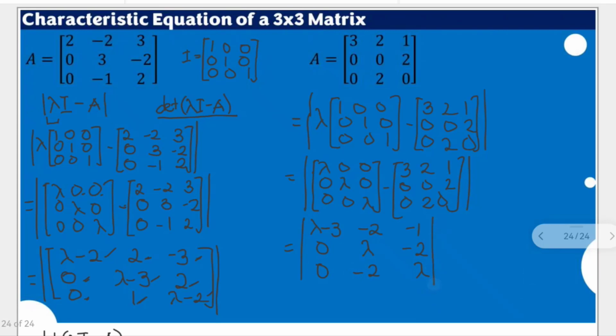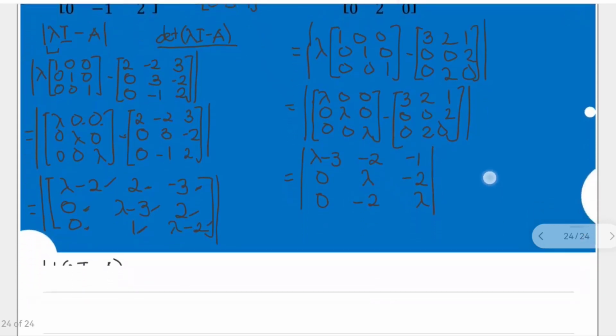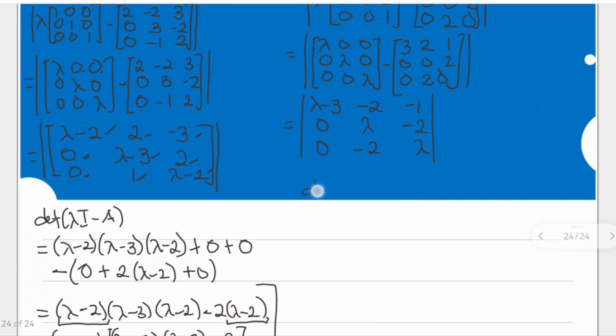Okay? So as we continue, let's take the determinant of this expression here. Again, from upper left to lower right, all of them are positives. You have lambda minus 3 times lambda times another lambda. Then plus negative 2 times negative 2 times 0 is 0.